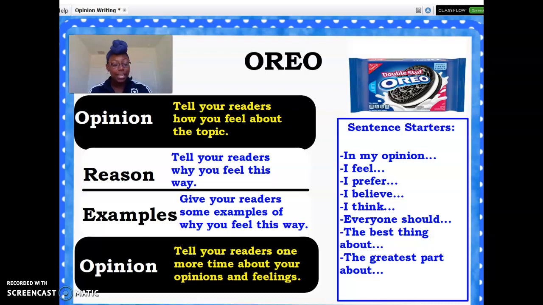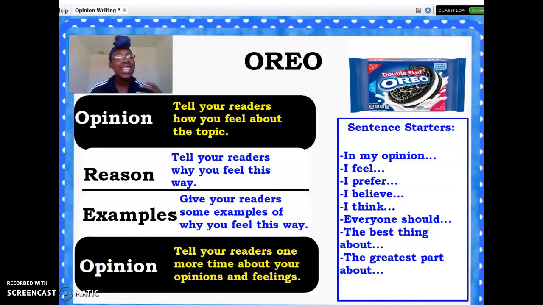All right, second grade. Now we're going to get into how to write an opinion. Like I mentioned in our objective, we are outlining our opinions today, and we do this by using the acronym OREO. Who loves a good double stuffed Oreo? I know I do.